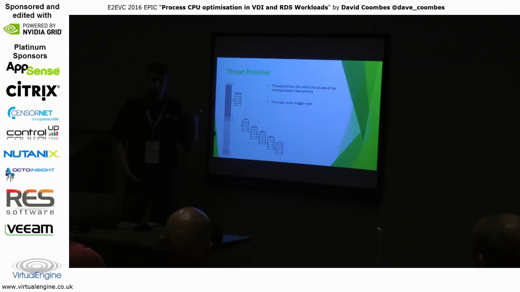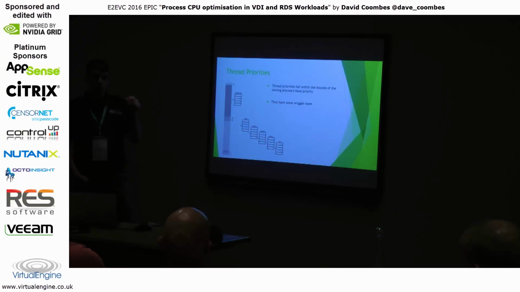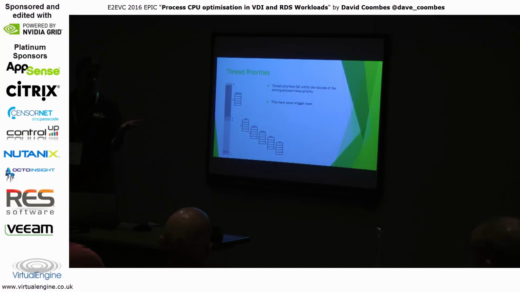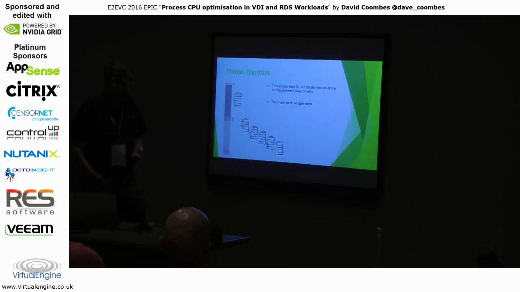All your threads will run at a thread priority of 8. But you can see they have some wiggle room. You can call APIs inside your process to set the threads to run at anywhere between 6 and 10. You won't see that in Task Manager. As far as you can see in Task Manager, your process is running at normal. Actually, the threads might be running slightly higher if you've called the APIs that you need to do so.